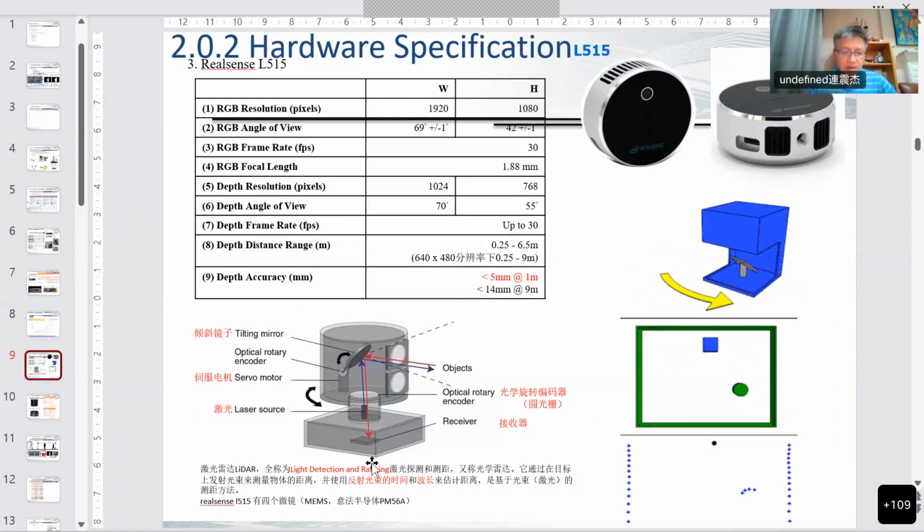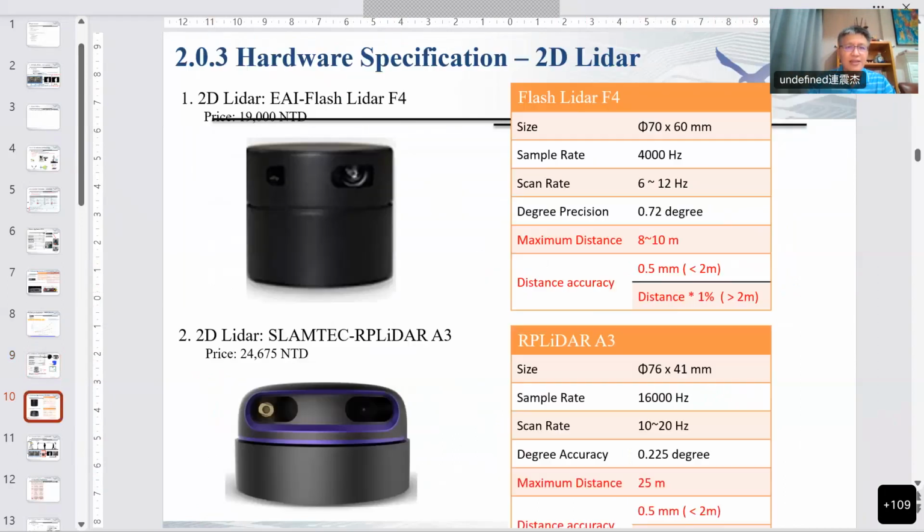The laser comes from here, and then this lens will rotate very fast, in this direction, or sometimes in both directions. So they can scan and have a 2D or 3D scan. So this is L515, and I said iPhone 12 or 13 has something the same as this one. And this is LiDAR, 2D LiDAR.